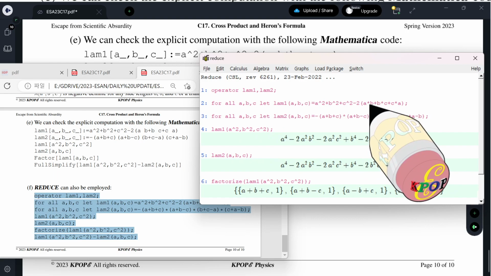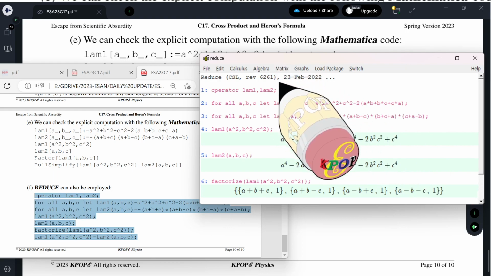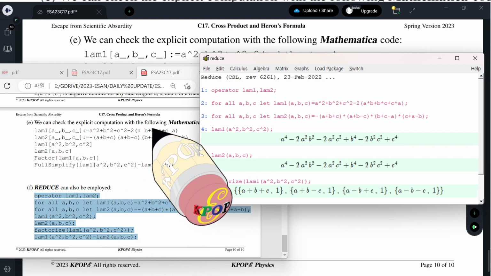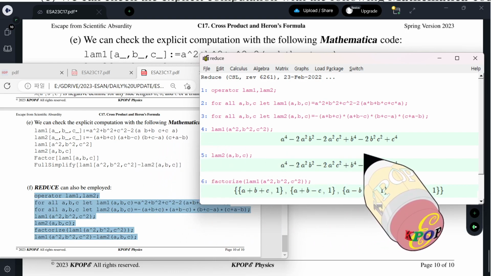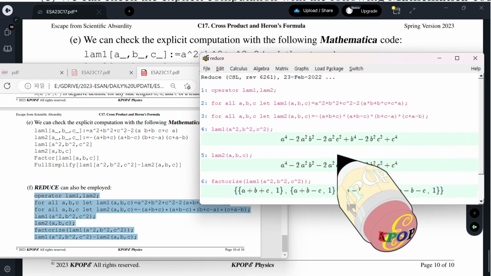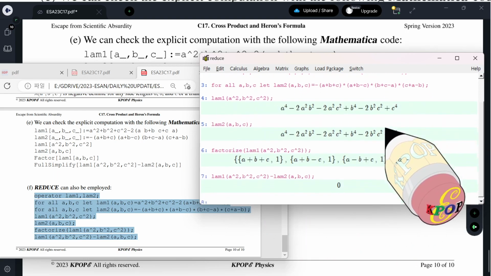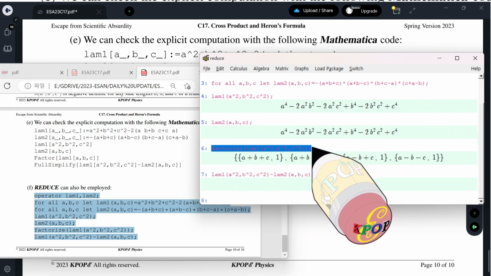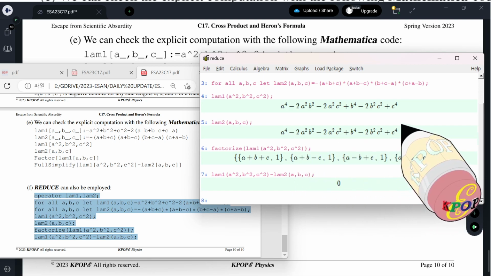Don't forget to add an asterisk to represent the multiplication of symbols in Reduce, while in Mathematica we do not have to put the asterisk to represent the multiplication. And then there is this one, factorize this complicated expression.